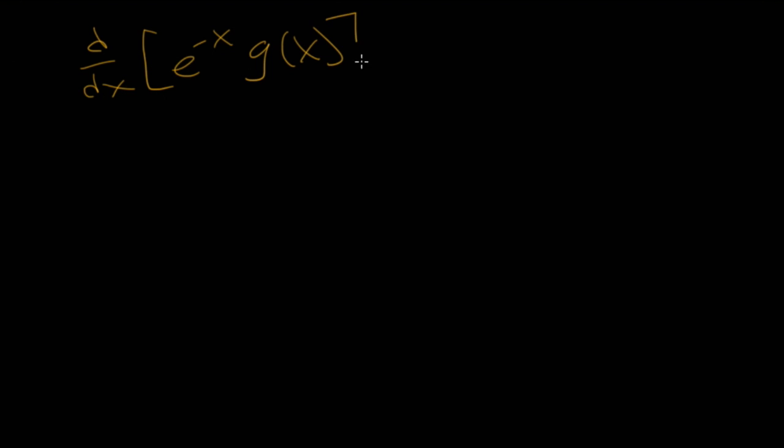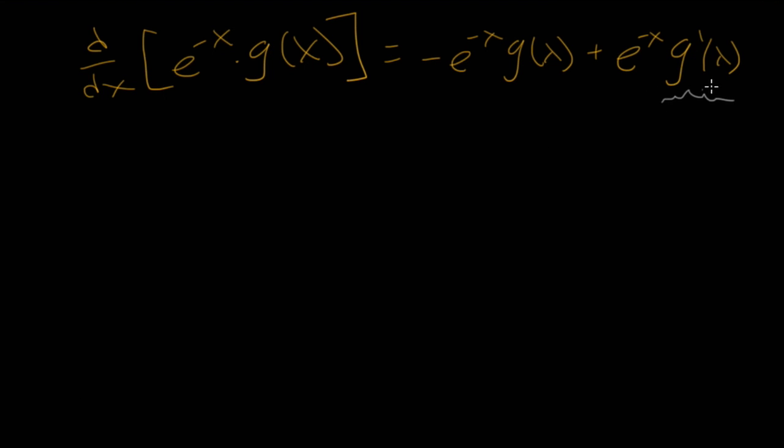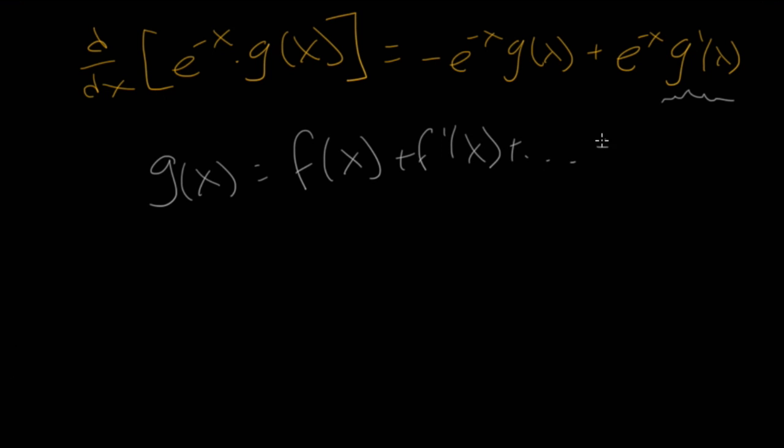So we get this nice thing: e to the negative x times g of x. And we're going to compute the derivative. We'll just use the product rule: negative e to the negative x, g of x, plus e to the negative x, g prime of x. We know g of x is equal to f of x, f prime of x, plus all the way up to the r-th derivative of f of x.